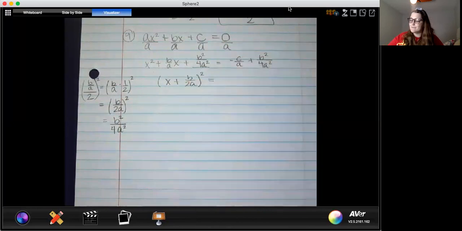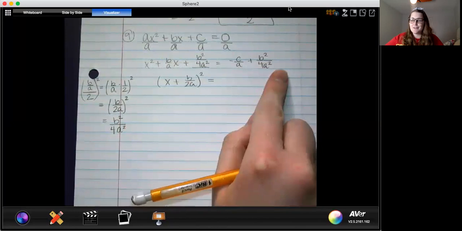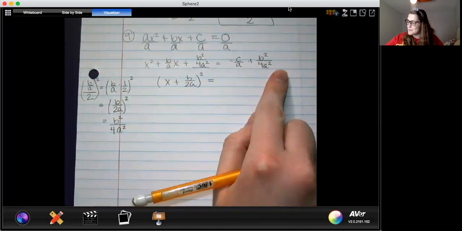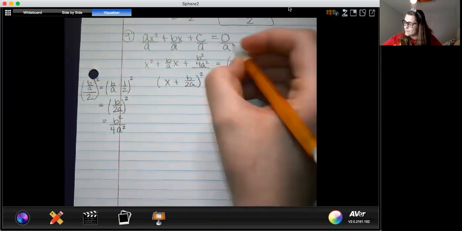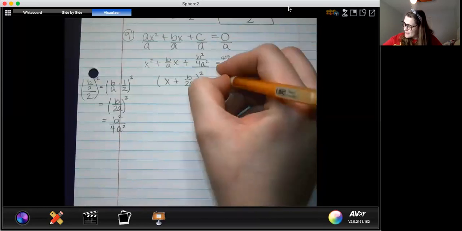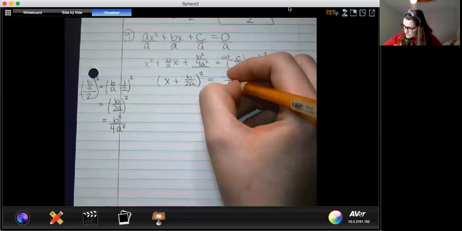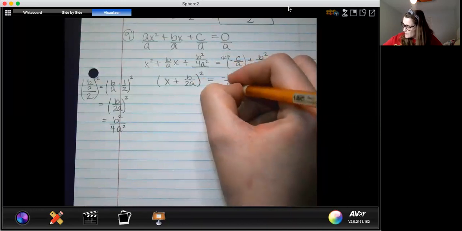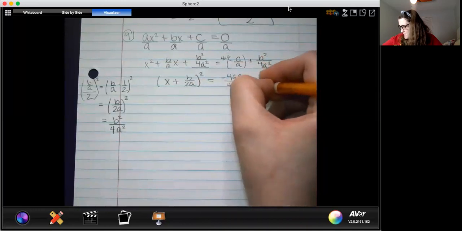Equals. Now on the right side, a little bit more complicated because I need to create common denominators. So that means I'm going to have to multiply this by 4a. So I get negative 4ac divided by 4a squared plus b squared divided by 4a squared.